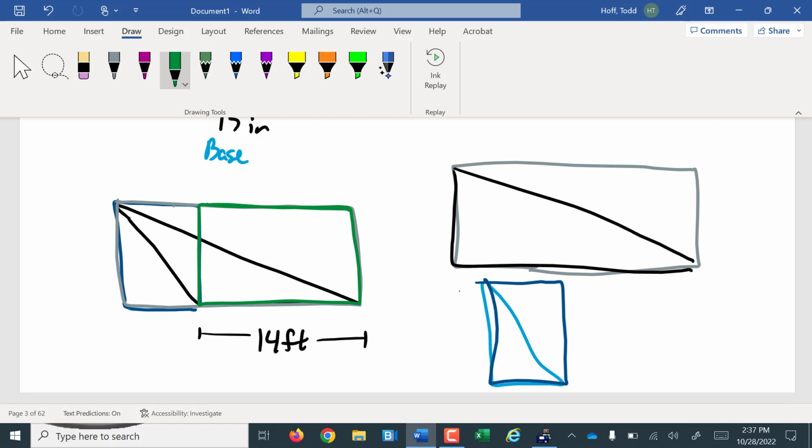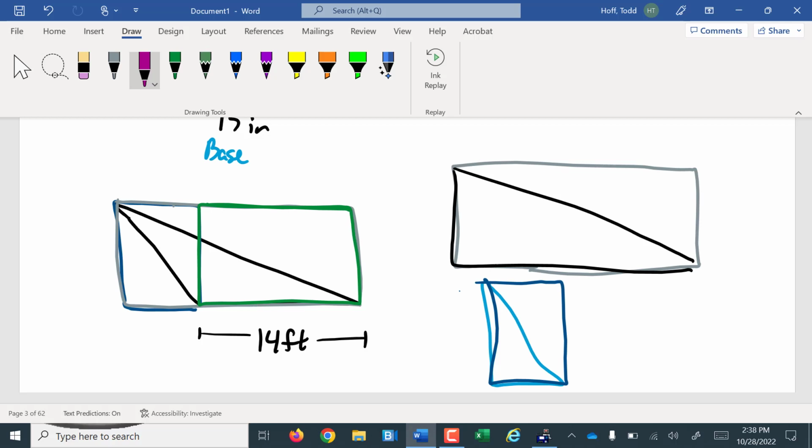So if we look at that, that green rectangle plus the dark blue one gives us the big gray one, right? Well, half of that green rectangle, I'm missing what I want to say here. Anyway, so gray minus green equals blue, or gray minus blue equals green, however you want to look at it.